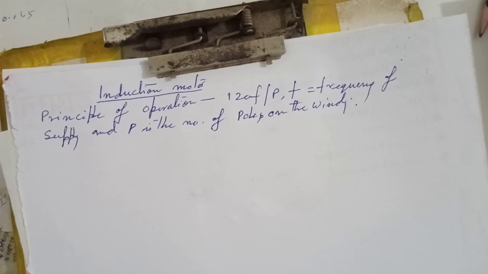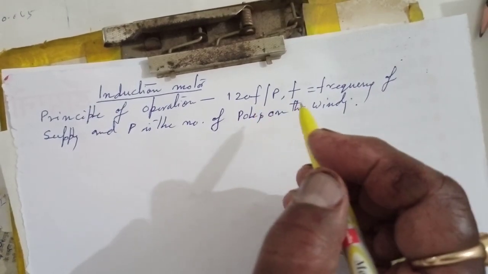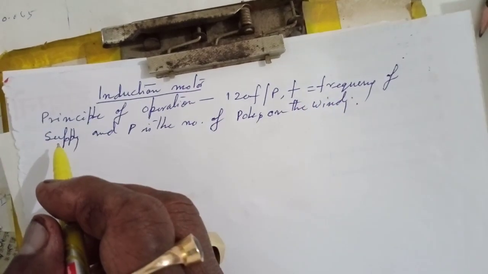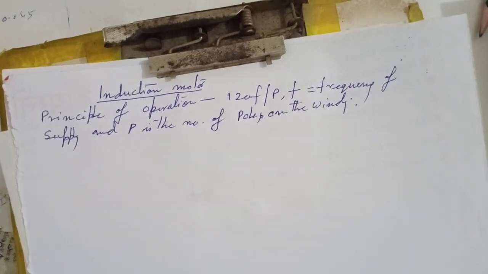When a three-phase supply is given to a three-phase induction motor, the stator winding sets up a revolving magnetic field which rotates at a speed of 120 F by P, where F is the frequency of the three-phase supply and P is the number of poles on the stator winding.